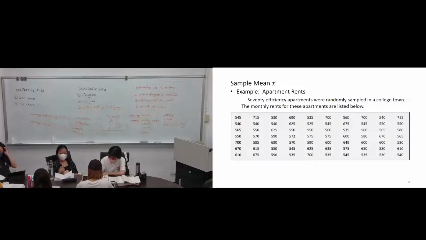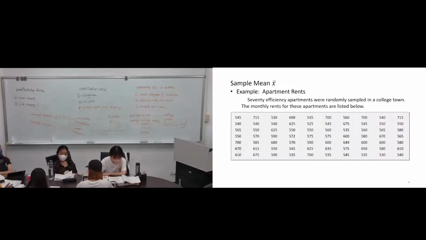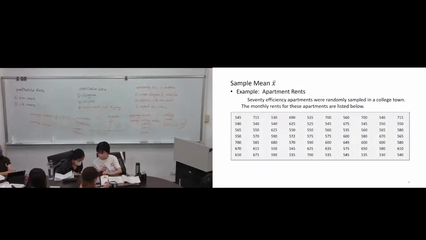Then we would like to obtain the sample mean. What should we do? We sum up the 70 monthly rents, and then divide by 70, since there are 70 efficiency apartments.